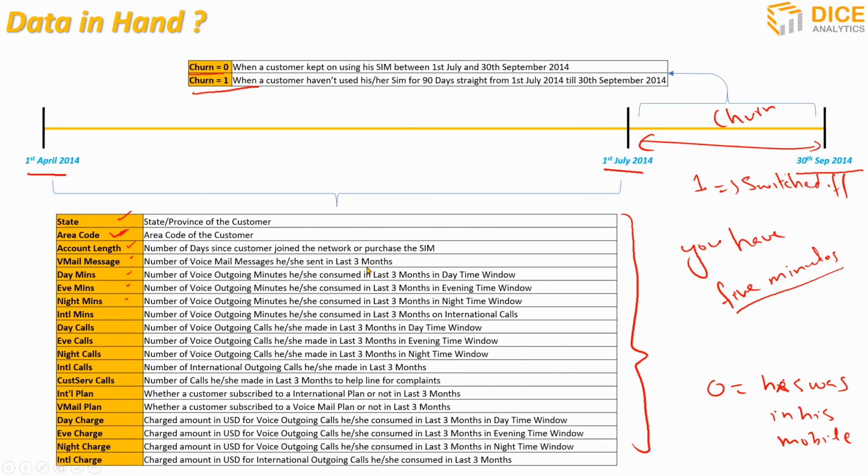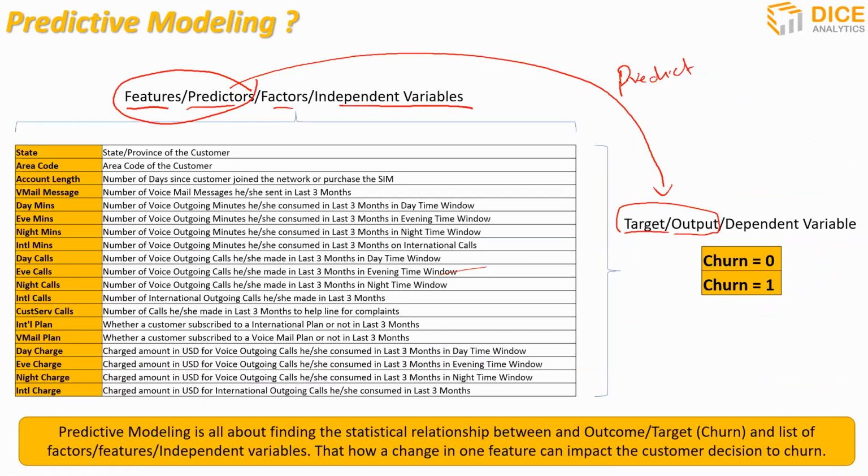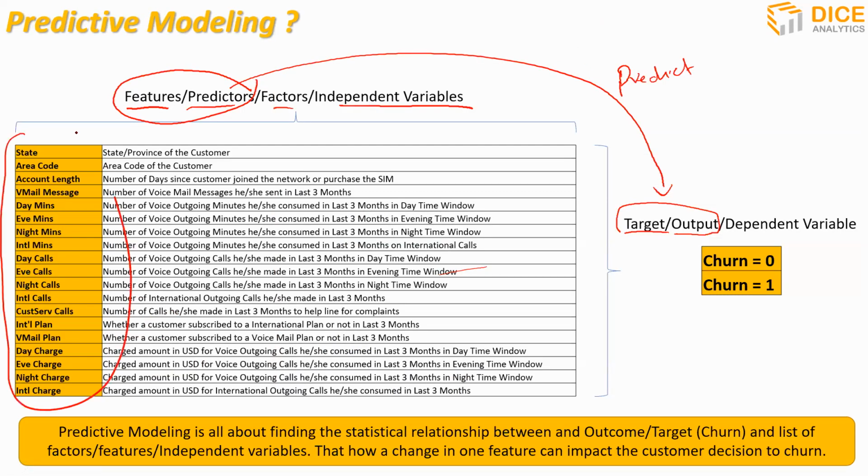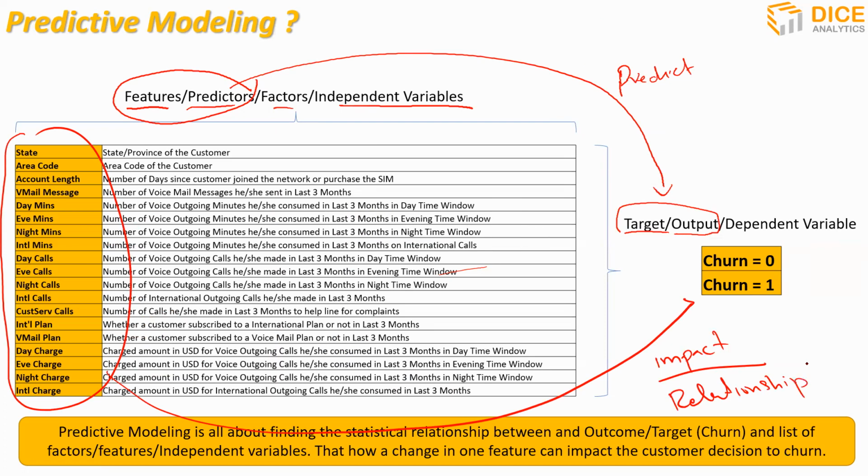So let's move forward. You people have seen this example. Just to summarize, the purpose of churn prediction or any predictive model is to find the relationship between all of the information given in the historic data, how these features are impacting this output, or what's the relationship between all of these 20 columns and this one particular column.